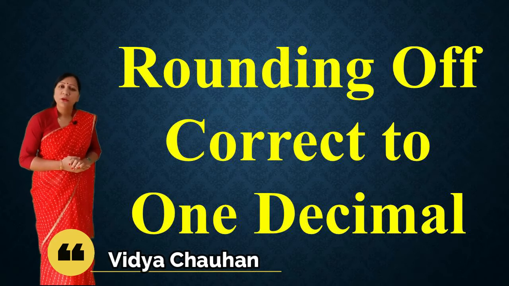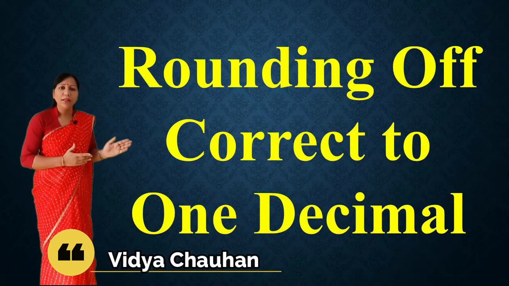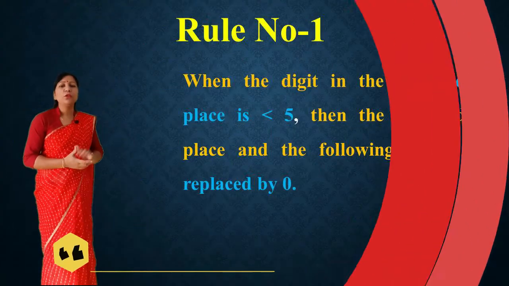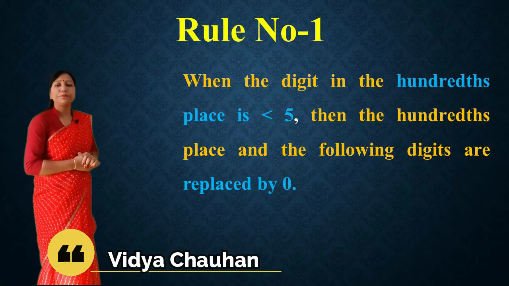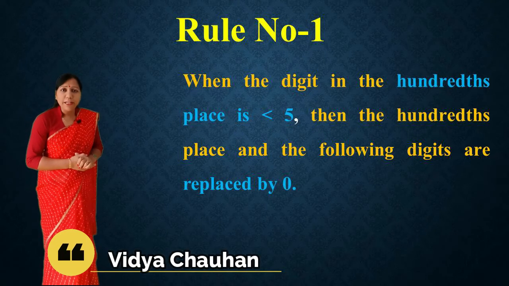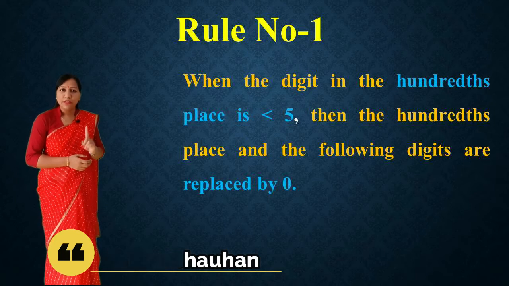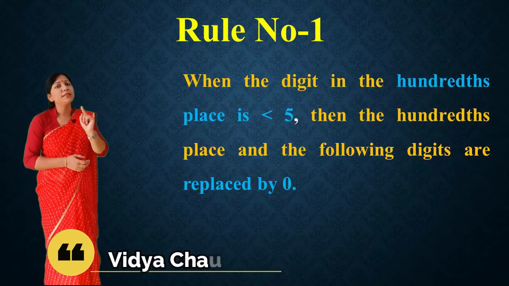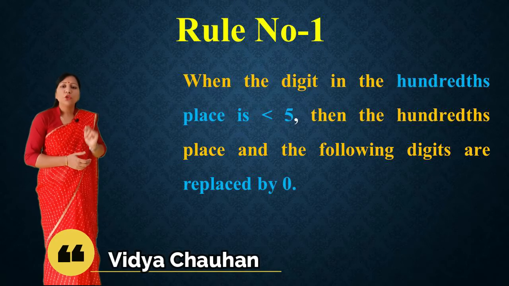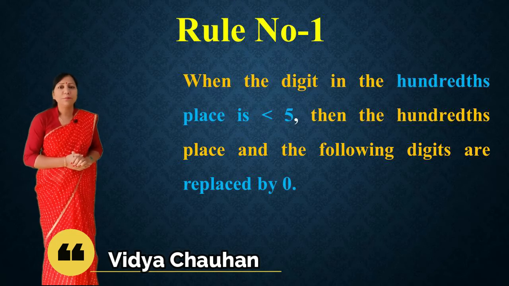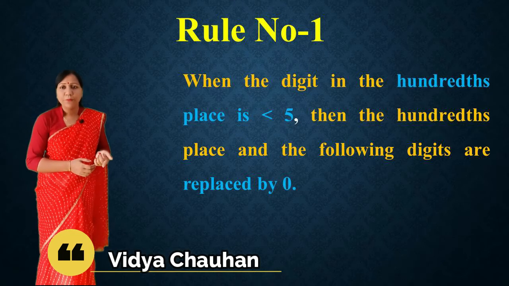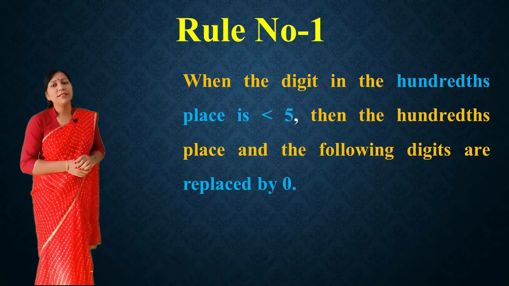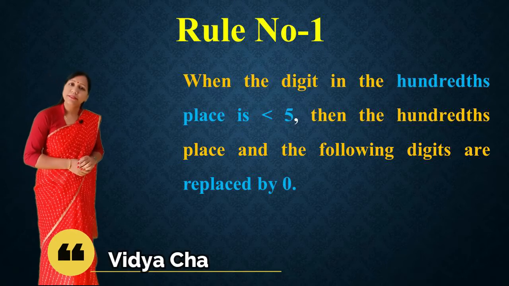In that case, the rule is somewhat like the earlier one we discussed, but with a little bit of a twist. The first rule says: when the digit in the 100th place, since you have to round off the 10th digit, that means you consider its 100th place digit, is less than 5, then the 100th place and the following digits are replaced by 0.